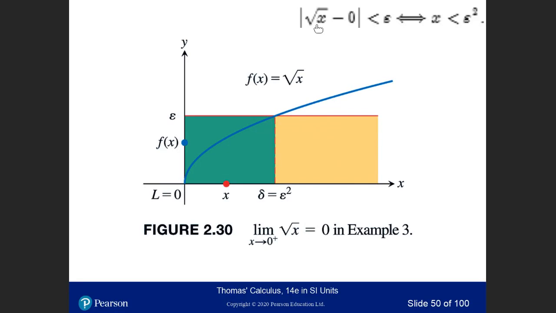This is a positive number because of the square root, so I can write x less than epsilon squared. The square root of x is less than epsilon, take the square and you get x. So you choose delta here, and then your function values lie within epsilon.